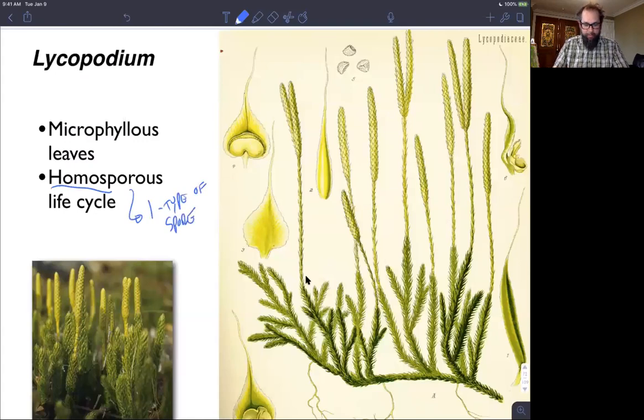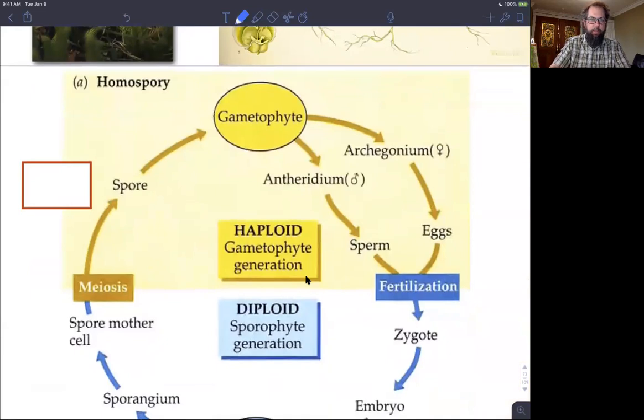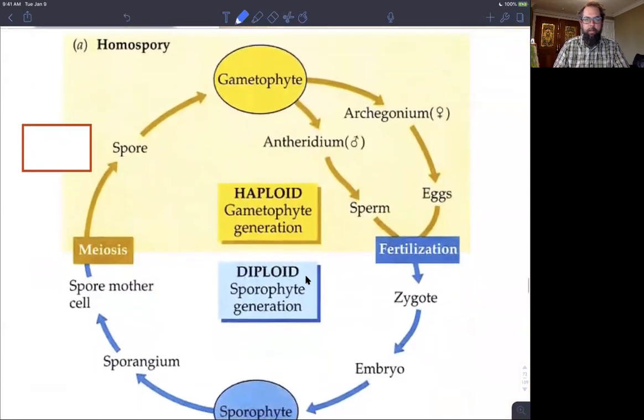And so when we look at the life cycle of these, we see our standard land plant alternation of generations life cycle. And we have this one spore type, as I mentioned. We have meiosis producing the spores. That spore then grows into our gametophyte. The gametophytes in these are free-living, like we see in ferns.